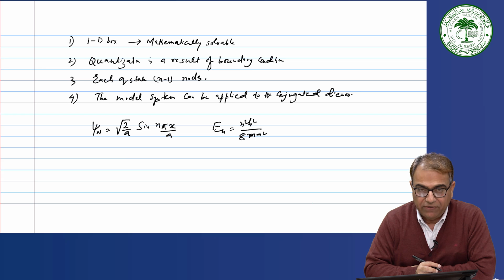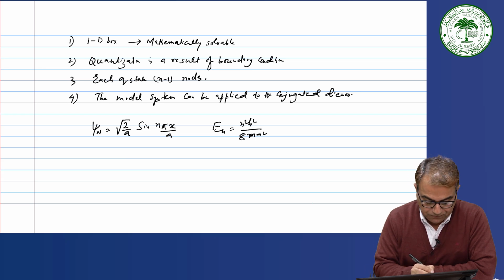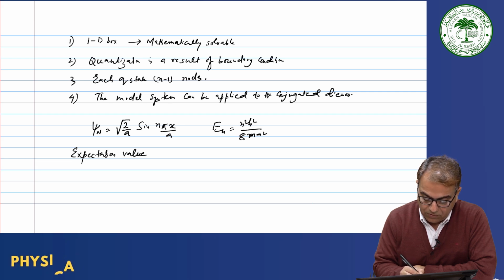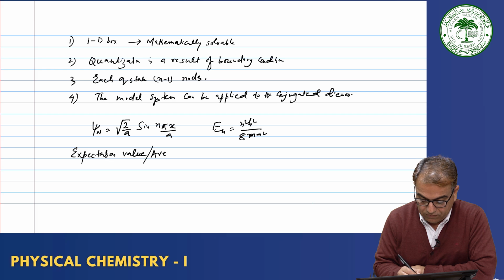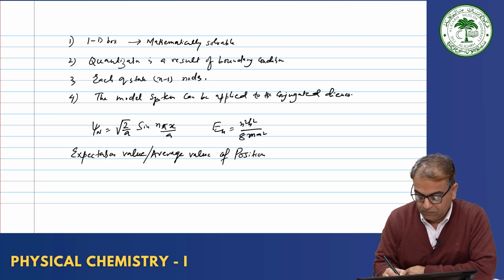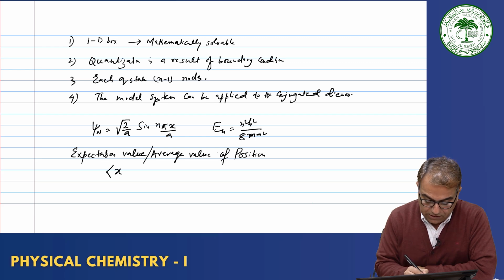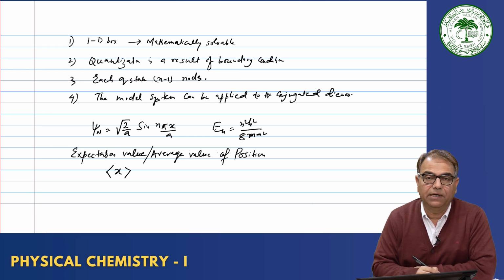So let's calculate the expectation value, or average value, of position. And how do we write this? We write this quantity in an angular bracket, x.